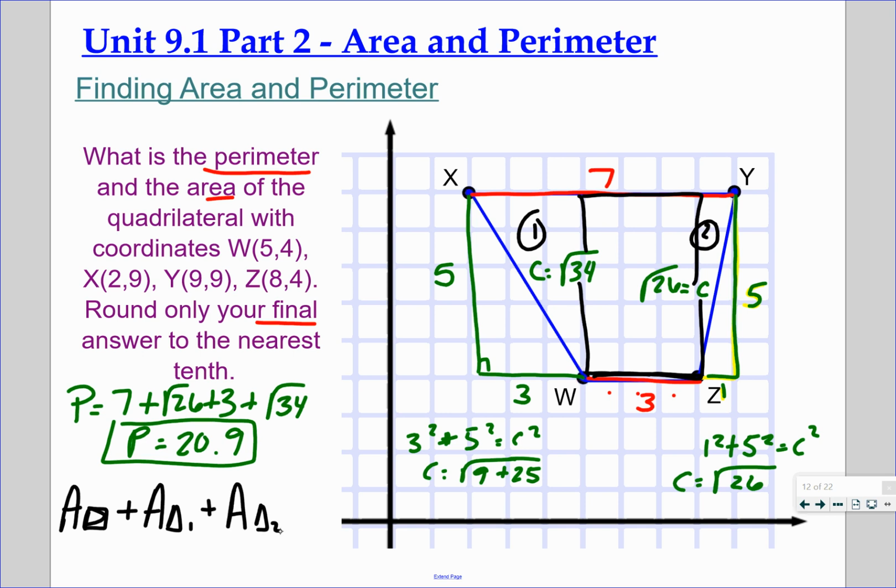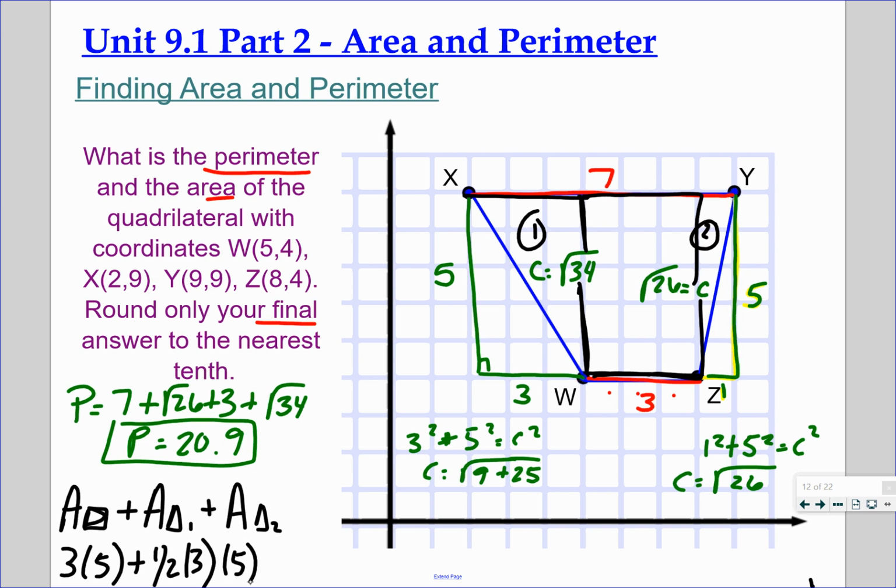So if I was to find the area of these, well, my rectangle is simply a dimension of 3 by 5. So I'm going to have 3 by 5 plus the area of triangle 1. It's going to be 1/2 times my base of triangle 1, which is 3, and my height of triangle 1, which is 5.